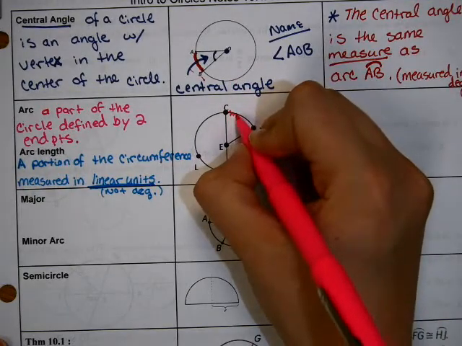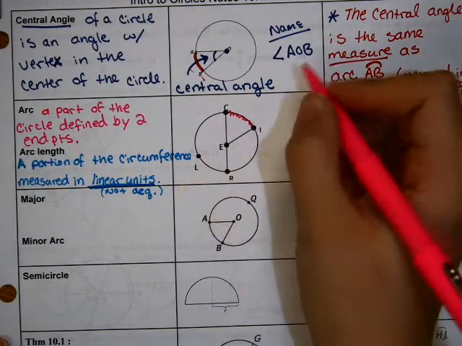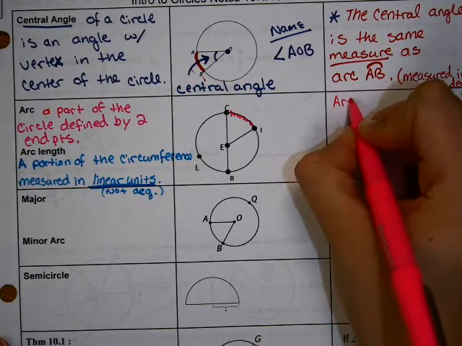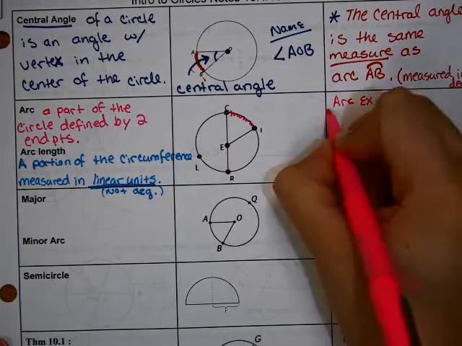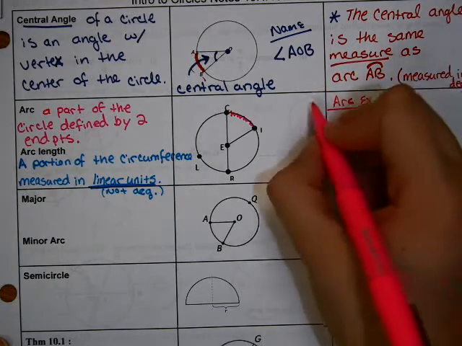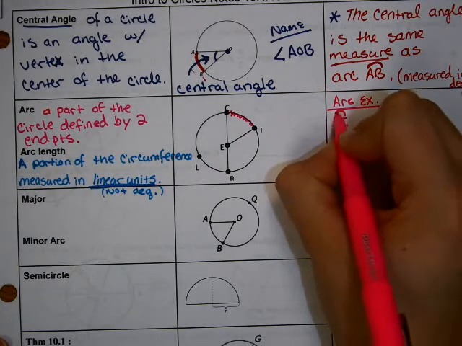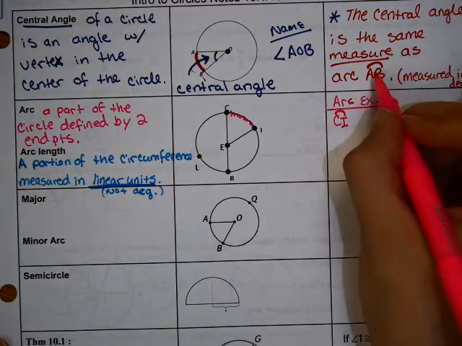So arc CI would be an arc. So we'll put arc examples. So CI, and our notation includes the little arc the way I drew it up here also.